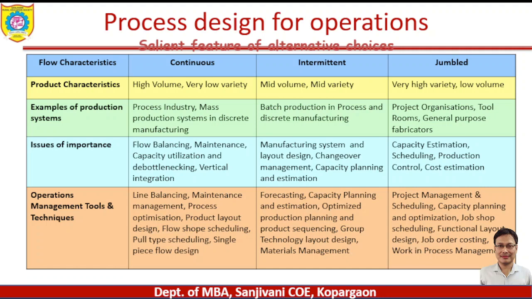For example, a project of IT companies: a single project used to be of huge size, but only one variety of project is undertaken at a time. Manufacturing of ships, aircrafts, hydroelectricity dams, etc., will fall under this jumble flow.